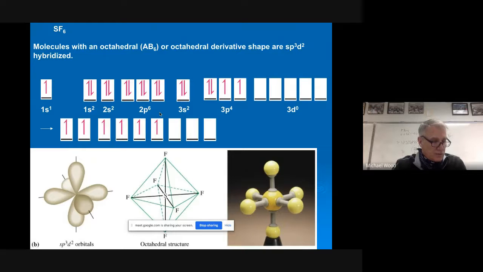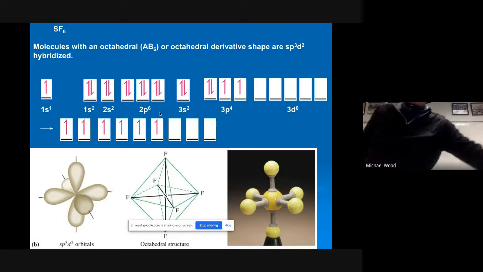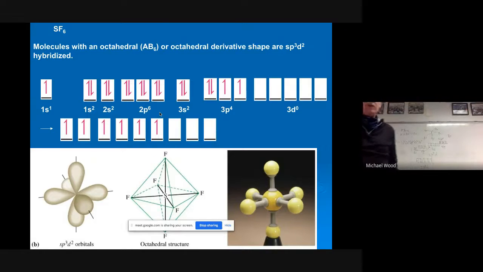Okay, and again, I'm going to go back and do the same thing I've been doing. Do the dots and count the electron domains. So molecules with an octahedral shape, so the AB6 or octahedral derivative shape, are going to be sp3d2.